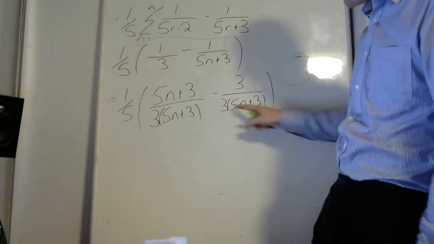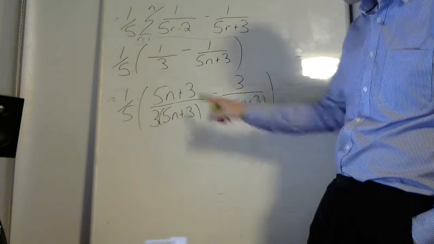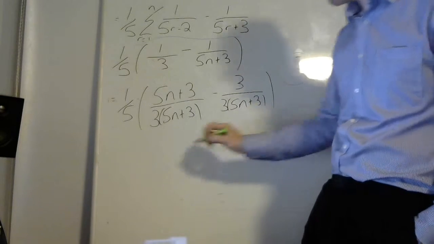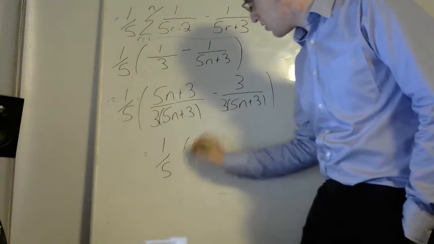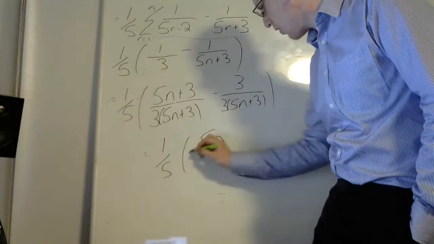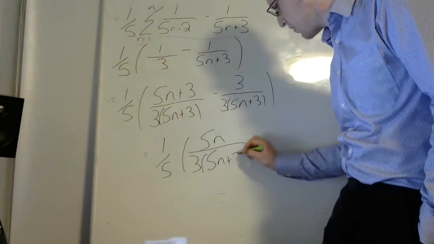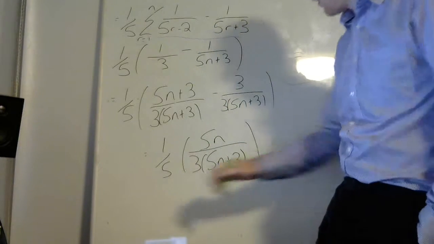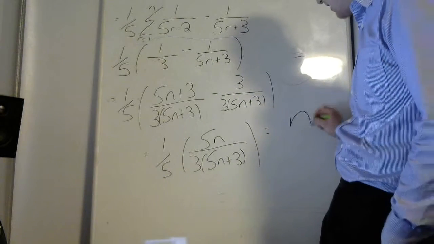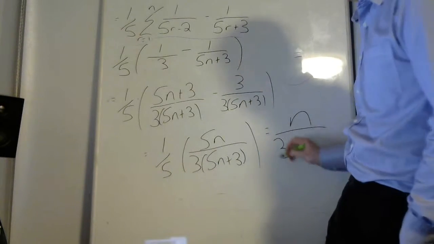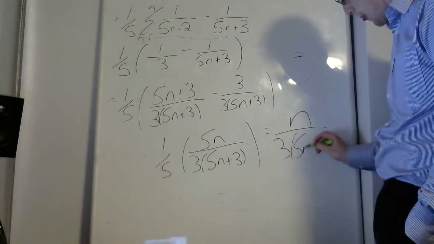I've got the 3 lots of 5n plus 3 on my denominator. That's great because that's what I wanted. The 3 cancels out with the minus 3 here. So I've got 1/5 times 5n over 3 lots of 5n plus 3. And then the 1/5 cancels out with the 5n to give us the answer that we wanted, n over 3 lots of 5n plus 3.